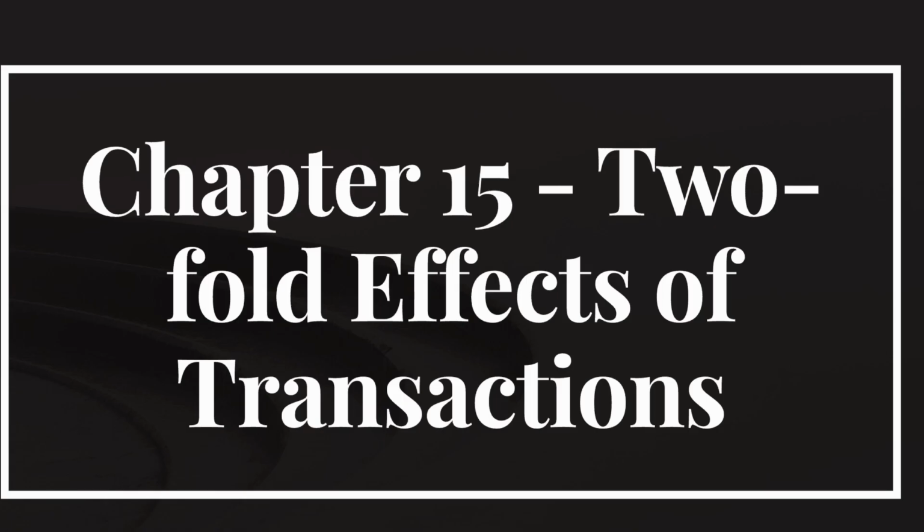So that pretty much concludes this lesson. So in summary, we have completed chapter 15, which looked at twofold effects of transactions, where the accounting equation was affected in more than one way. Today we learned how to make a worksheet for displaying twofold effects of transactions for both credit and cash.